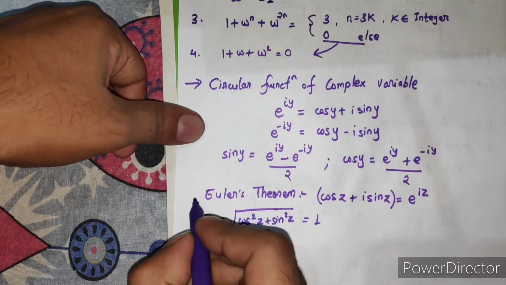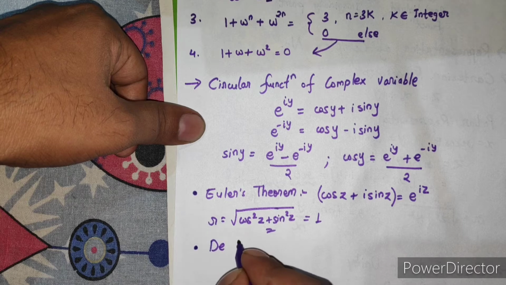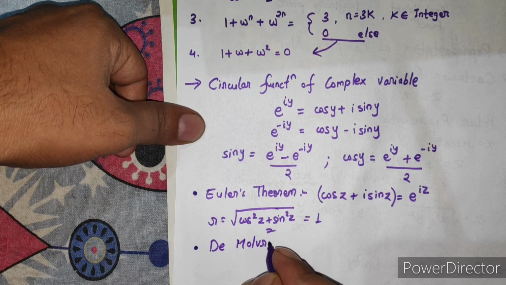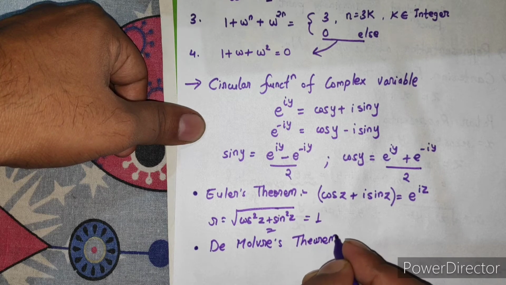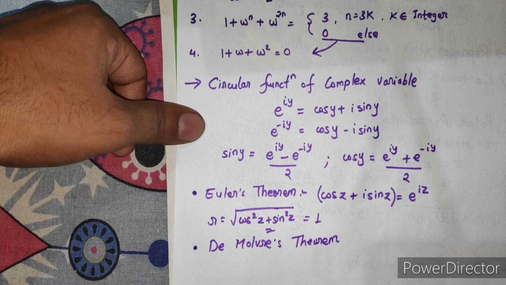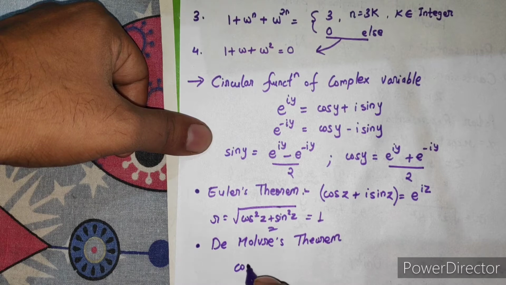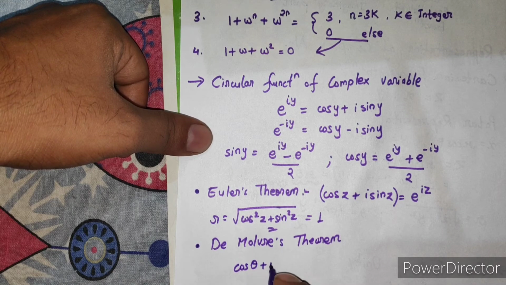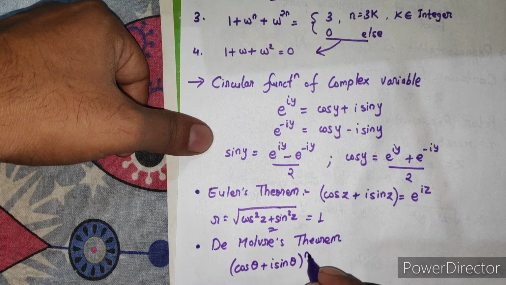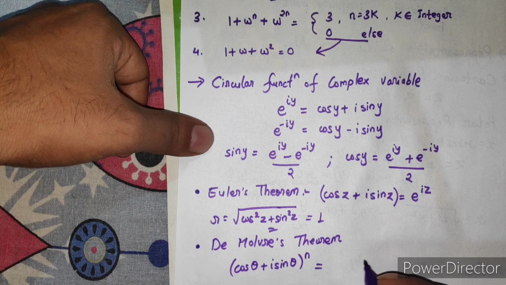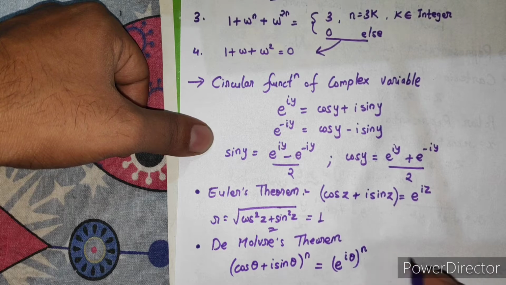Then again, one theorem that comes is de Moivre's theorem. My handwriting is getting worse, I don't know why. Okay, so this theorem suggests: if (cos theta plus i sin theta) to the power n is there, then this can be represented as (e to the power i theta) to the power n.